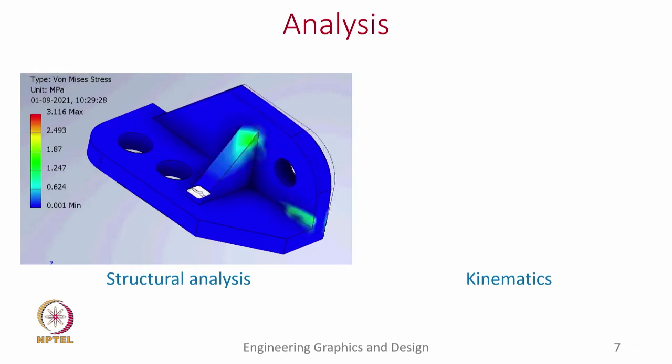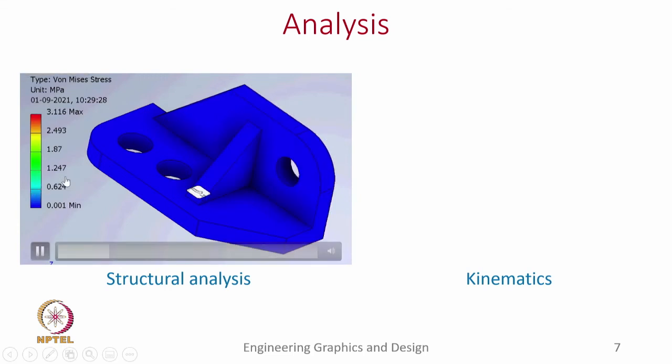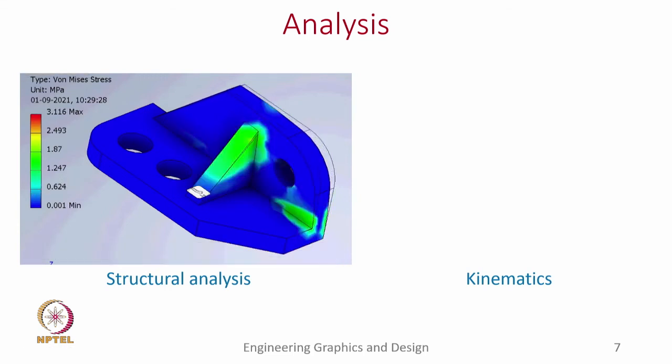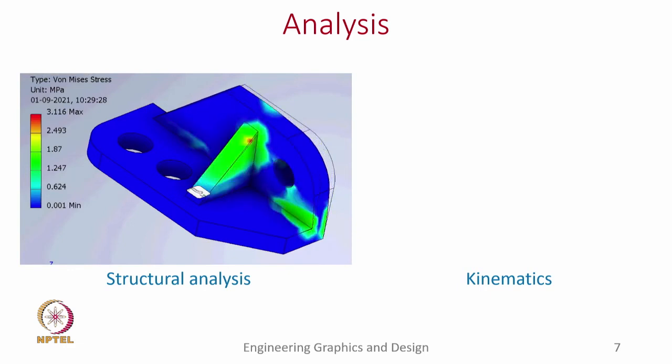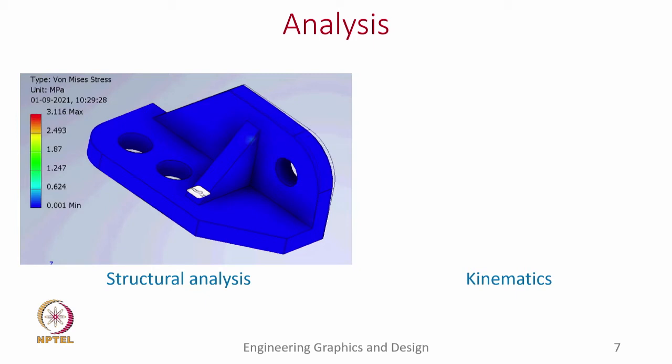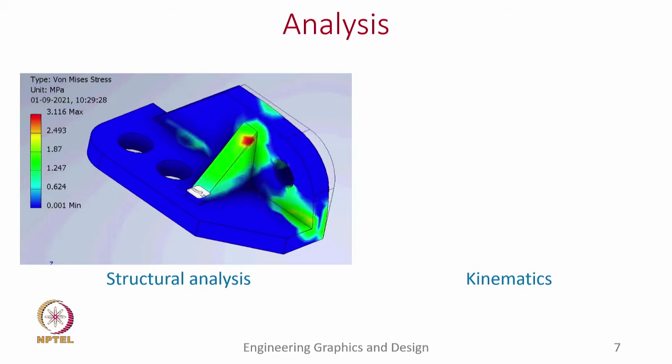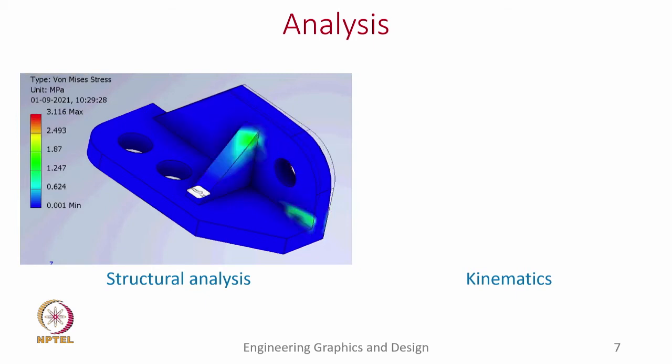That can be done using the same solid model. Once you develop a solid model in the CAD software, you bring that CAD model into the analysis software, you apply the loads and the properties of this object, and then find out how it responds to the loads.